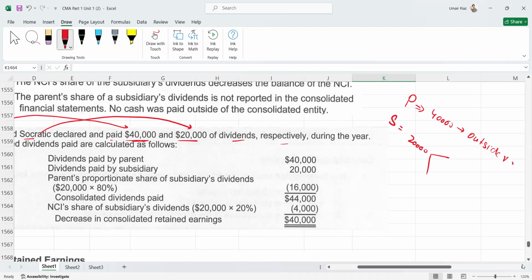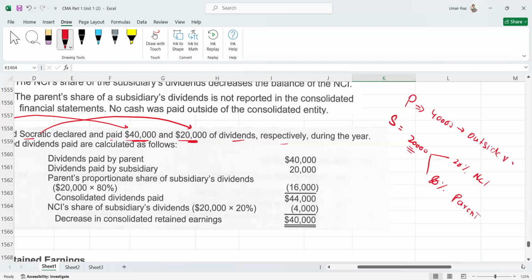If I'm assuming the NCI percentage is 20% and the controlling percentage is 80%, then 20% of this 20,000 dividend will be received by NCI, and 80% will be received by the parent, because the parent has voting rights.